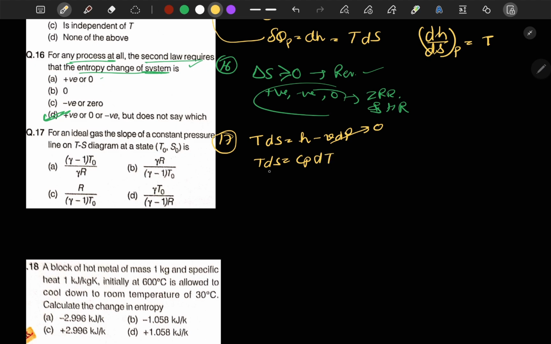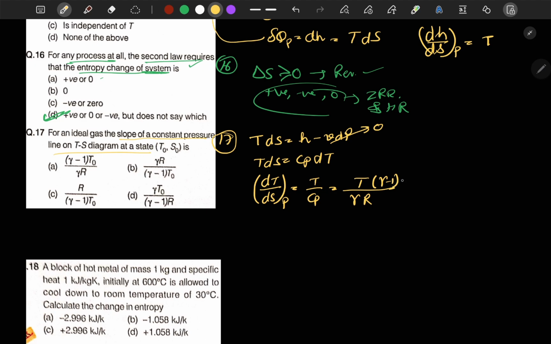Now from here we can write del T by del S at constant pressure is equal to T by Cp. The question asked for the slope of the constant pressure line on the TS diagram. Now we can write Cp is equal to gamma times R upon gamma minus 1.